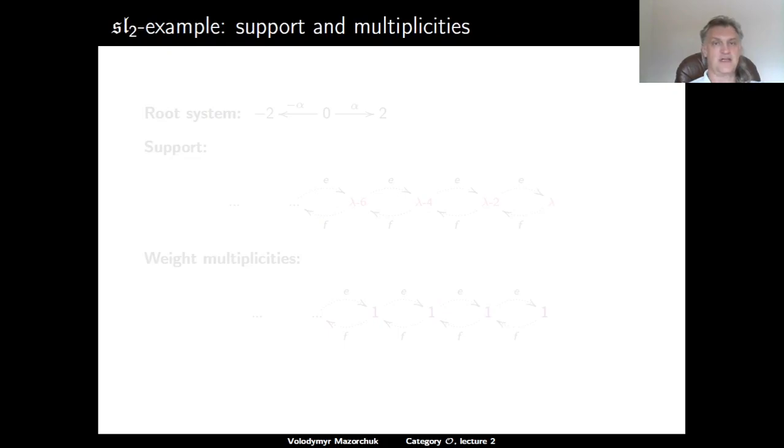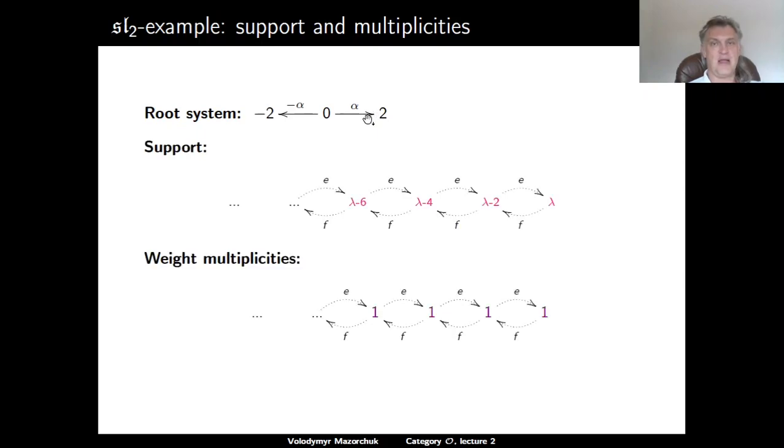Okay, let's consider examples and what are the supports and multiplicities of Verma modules. For the Lie algebra sl2, we have two roots, α and −α. α is equal to 2, so this is the value of the root α at our element H. For the support of our module Δ(λ), we start with λ and we subtract positive roots. So we get λ − 2, λ − 4, λ − 6, and so on.